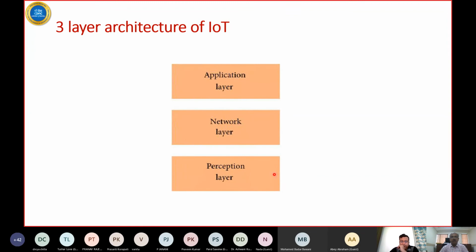This perception layer has sensors and all the embedded hardware that either generates the data, or if there are actuators, then they interpret the data and take appropriate action. So we would be concentrating on this layer, and in this layer lie the sensors and the associated hardware and communication methods that are used to transfer the data gathered by the sensor.